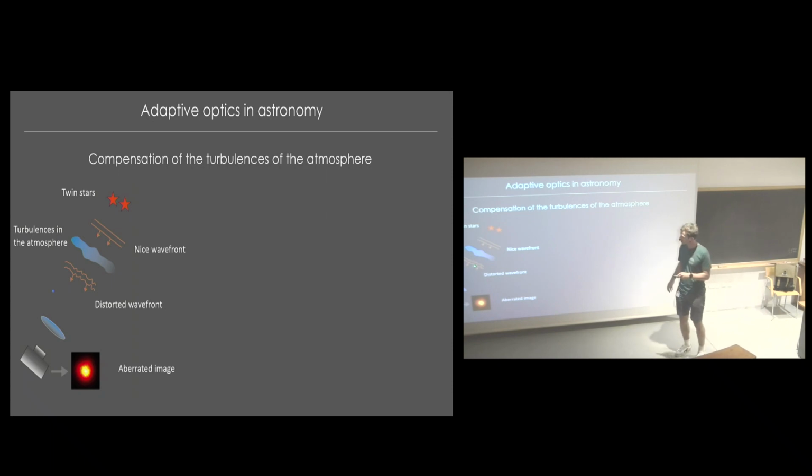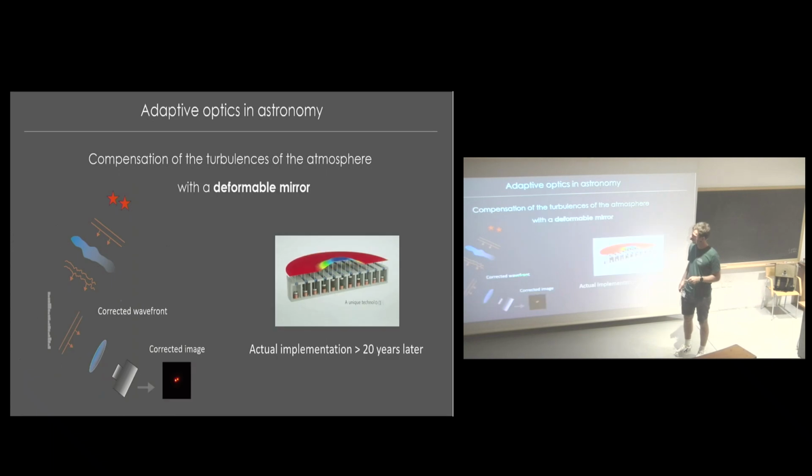Because of this, your image is blurred. And so the idea was to introduce a deformable mirror here to correct for this aberration, to retrieve a nice plane wave that will give you a correct image of the twin stars. And it took more than 20 years between the initial paper and the actual implementation using this deformable mirror.